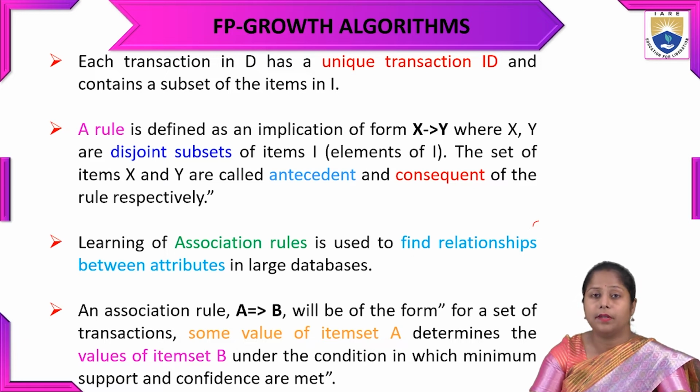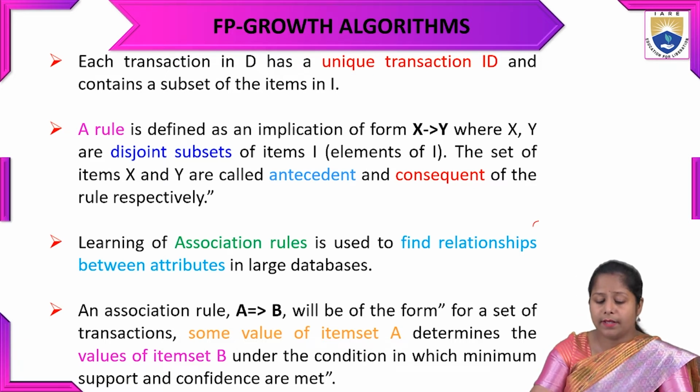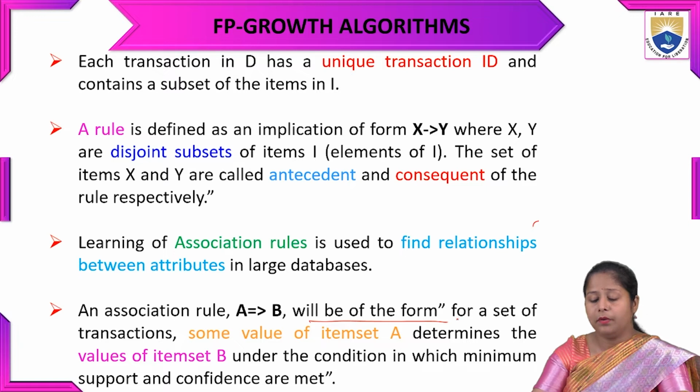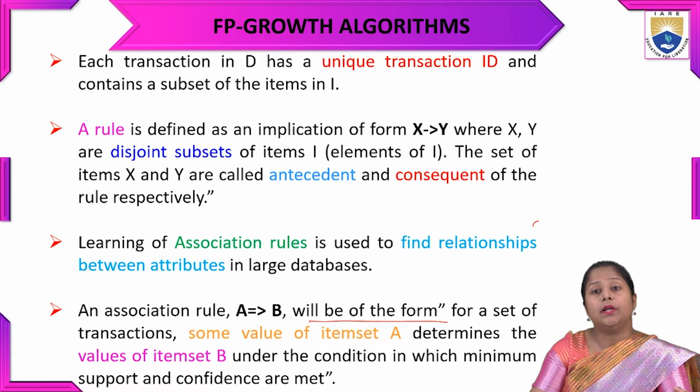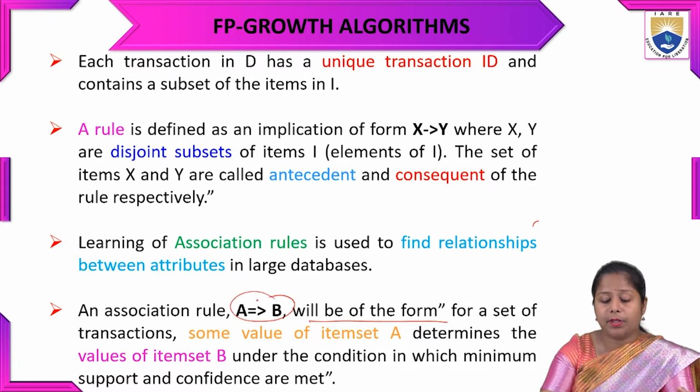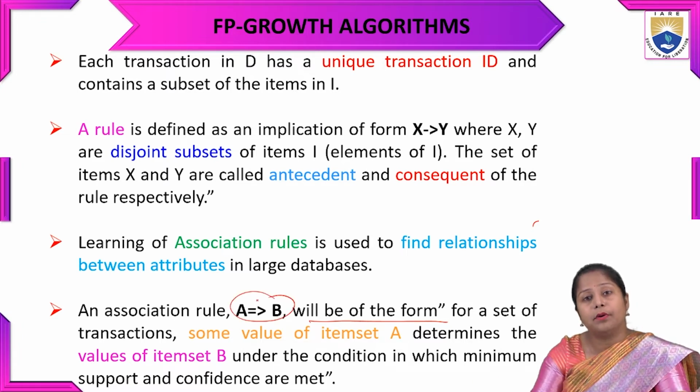An association rule A implies B is formed for a set of transactions, where the item set A determines the value of item set B under the condition that minimum support and minimum confidence are met. So we have to calculate the minimum support and confidence, which should satisfy that condition.